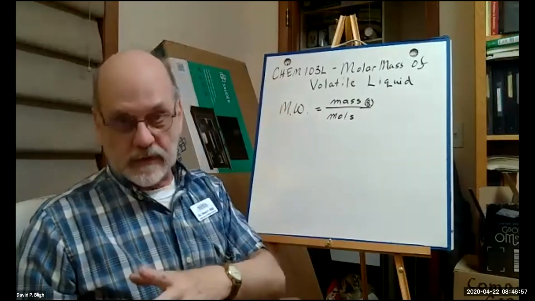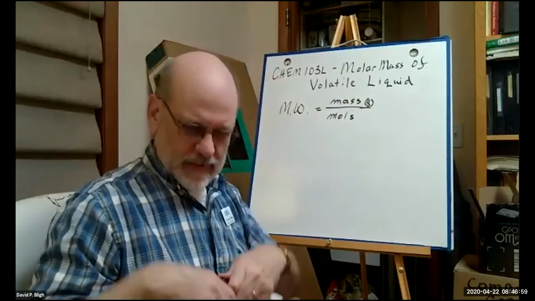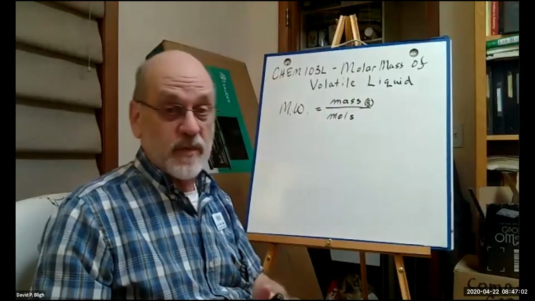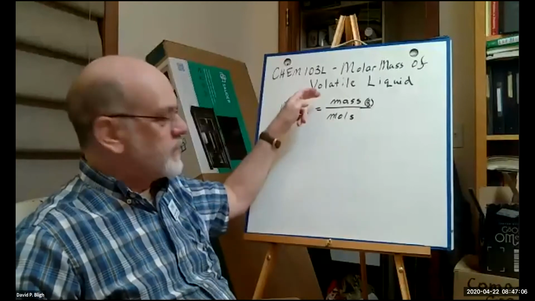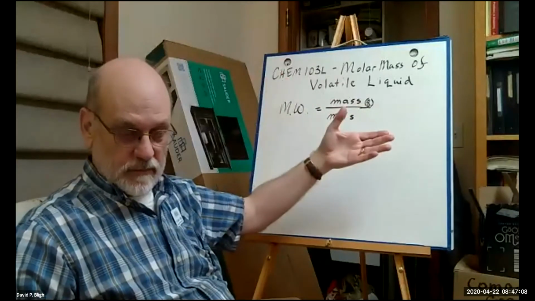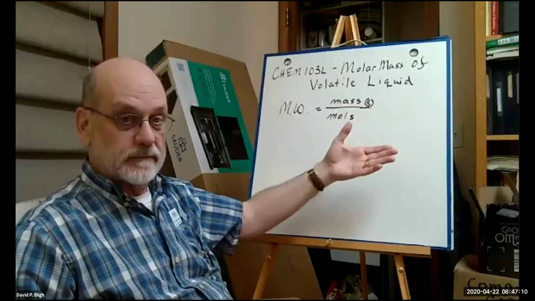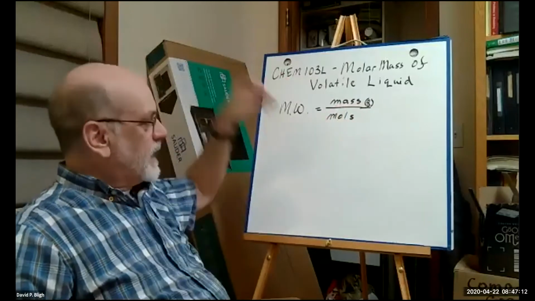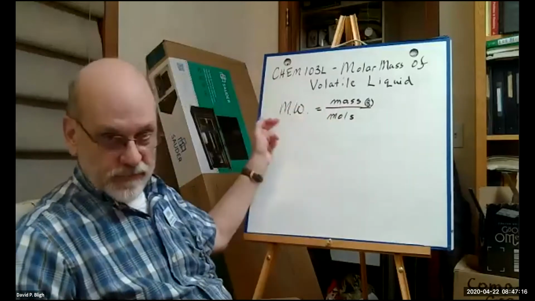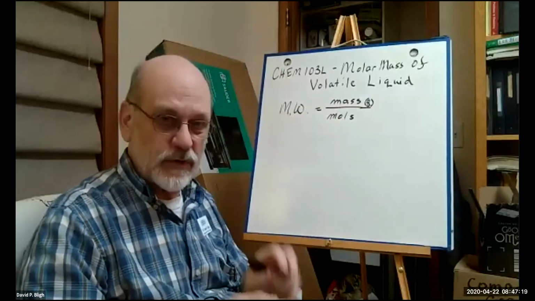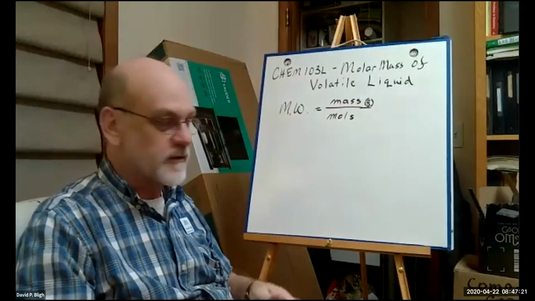You're welcome to use it, but for discussion and illustration purposes, I'd rather do it the long way. Right? We know this. We get that from the difference in weight or mass, and we use the gas equation to get this value. Then I put them together, and we calculate the molar mass. So I'm going to do an example problem for you in a few minutes.